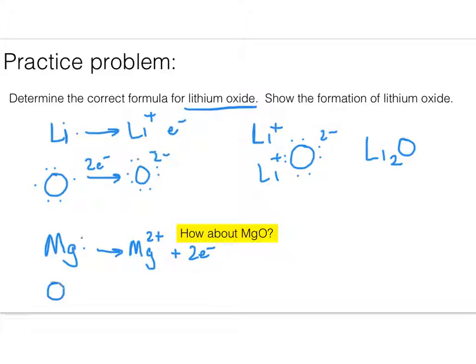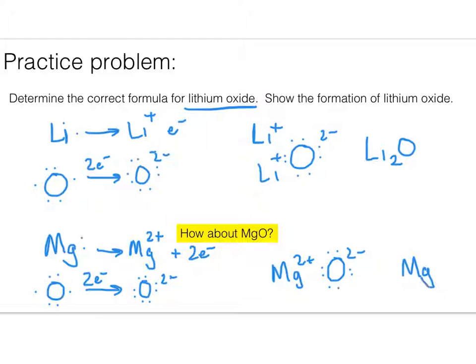And once again, oxygen is in the chalcogens, and it would love to absorb 2 electrons and form a completely filled octet, 2 minus. When we combine these, we would say magnesium 2 plus combines with oxygen 2 minus, or we would say magnesium oxide.